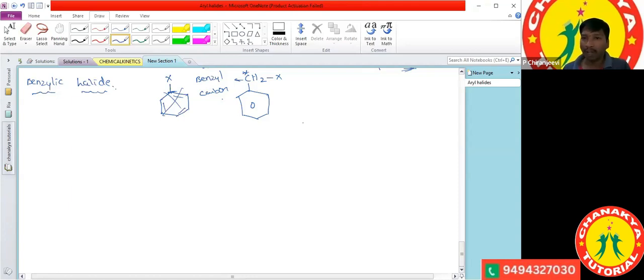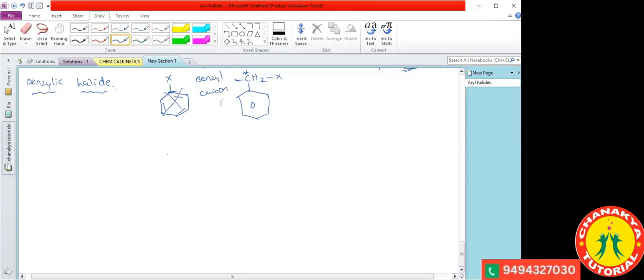In benzyl halide, what is the hybridization of the carbon to which the halogen is attached? What is the hybridization, Aditi?